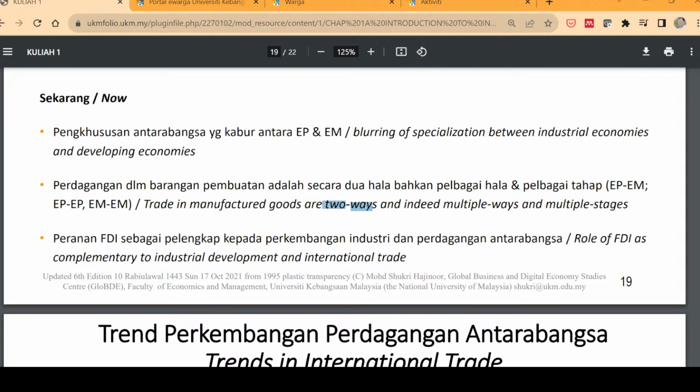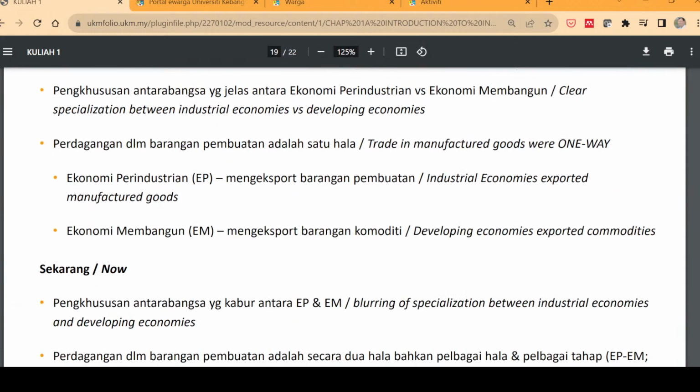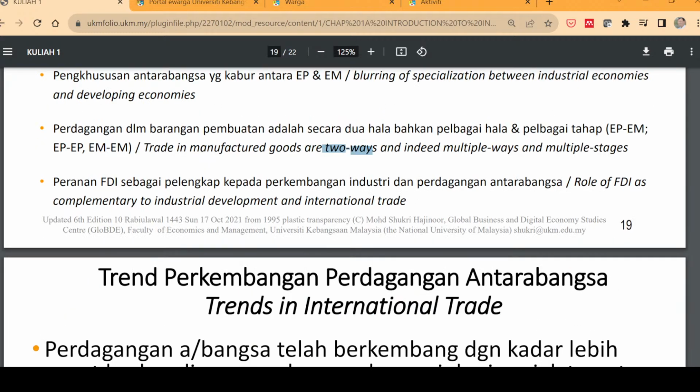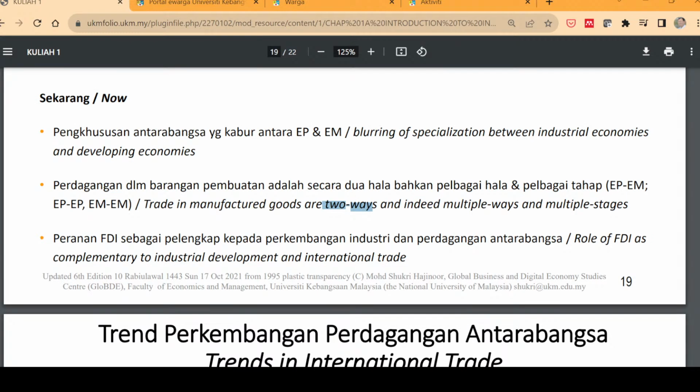And also multiple ways, because of course since the beginning, trade among developed countries, the rich countries, they are trading among each other. So multiple ways already for trade among developed countries. Now, multiple ways not only among developed countries, but among developing countries also, they're trading with each other.